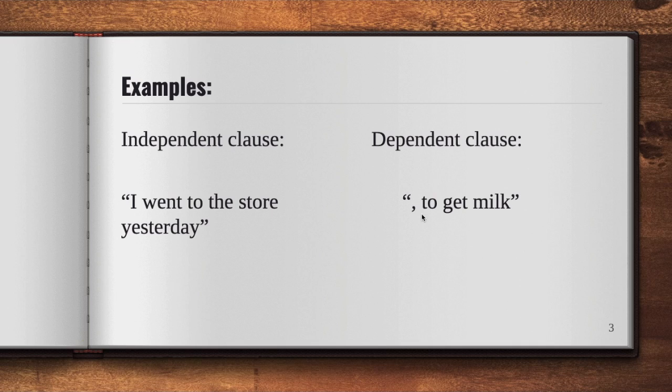If I were to say to get milk on its own, with nothing in front of it or after it, it wouldn't really make sense by itself. So an independent clause can stand alone as a sentence. Dependent cannot. Independent can stand alone as a person, doesn't need anybody else. Dependent means you need somebody else to rely on.